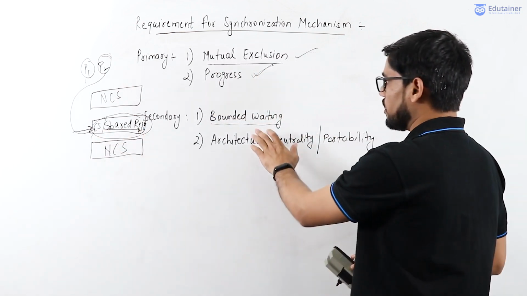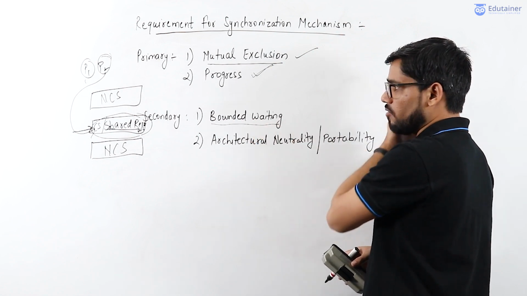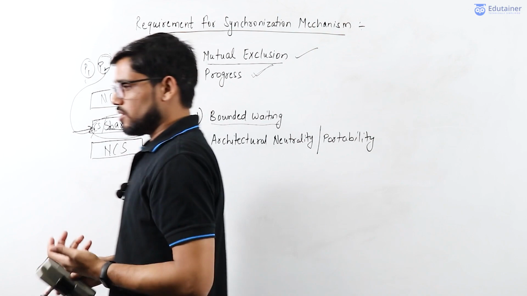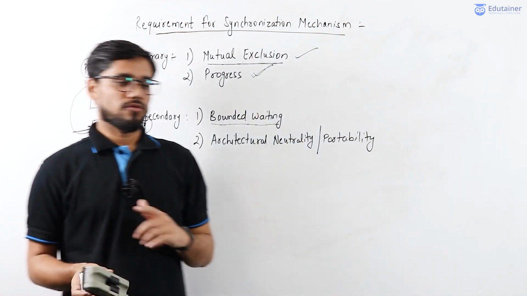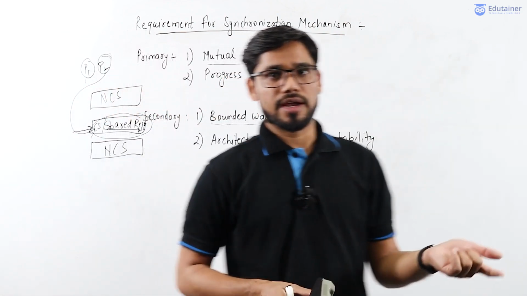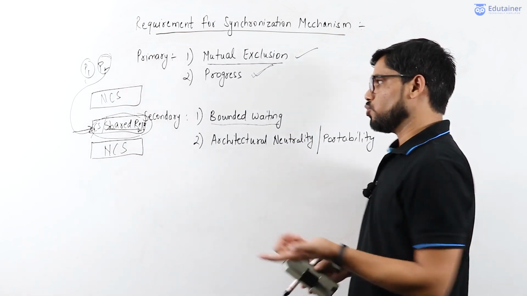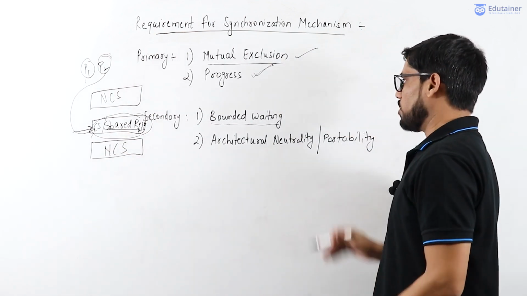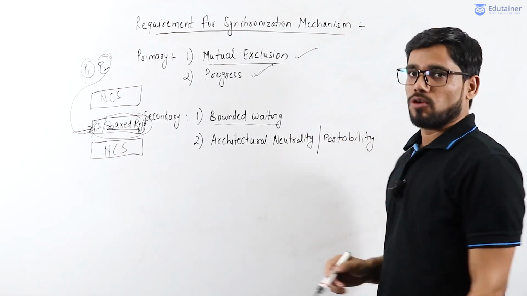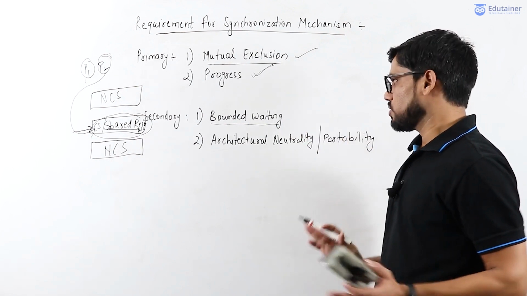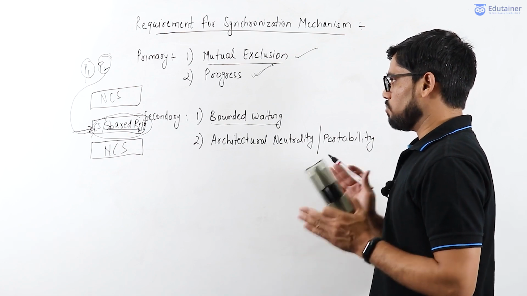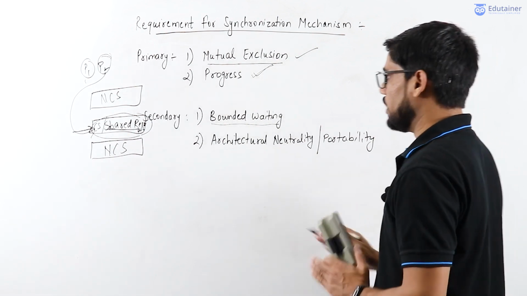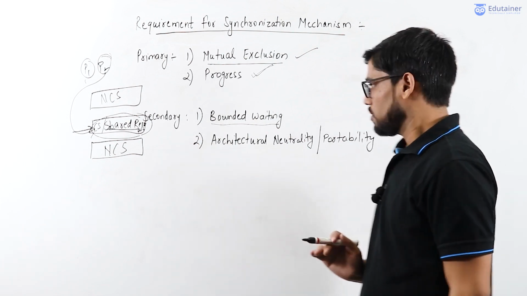Then the bounded waiting requirement will ensure that whichever process is waiting longer will not wait forever, and it will get a fair chance to be scheduled to access this shared resource. So bounded waiting generally avoids the starvation problem. In short, you can remember it as: bounded waiting can avoid the starvation problem in synchronization mechanism techniques.